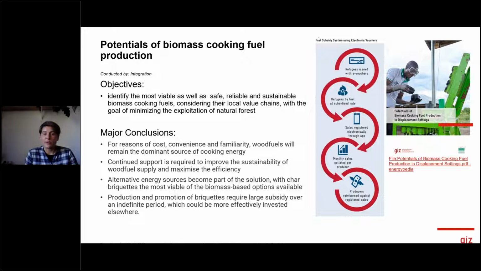And alternatives are also required, and while electricity and LPG may not in every context be working, we can also look at different biomass-based options such as briquettes. However, there's an in-depth calculation about the business case, and the production and promotion of briquettes will require large subsidies, so it is definitely more of a protection task than really a viable business.